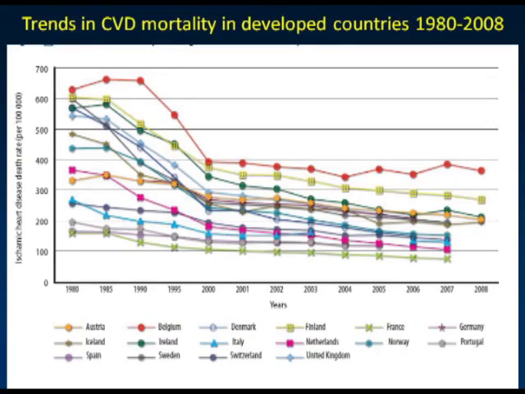Here you see the trends in cardiovascular disease mortality in several European countries, including the United Kingdom and also some Scandinavian countries. And what is striking is that from 1980 to 2008, there has been a dramatic decline in the age-standardized mortality.